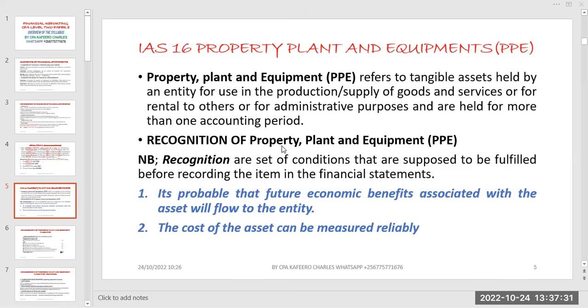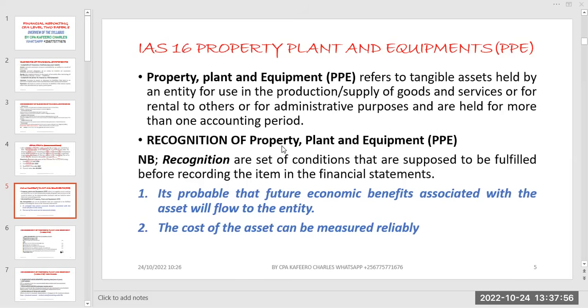If you buy land in a nearly developing area, and you leave it for 10 years, you'll find that if you bought it for 10 million, in the next 5 years it will be around 50 million or 100 million, depending on the market conditions and the growing rate within that area.